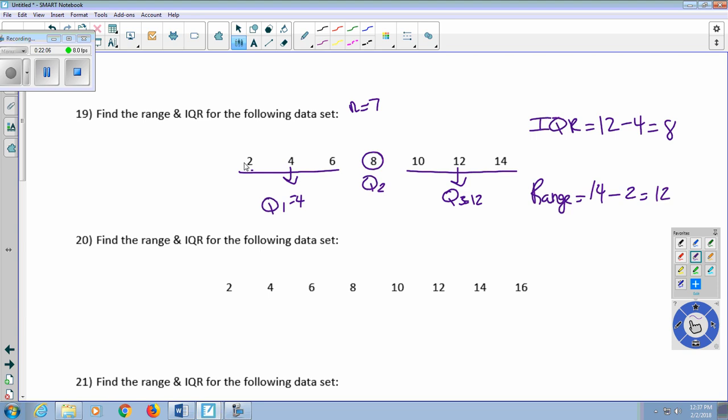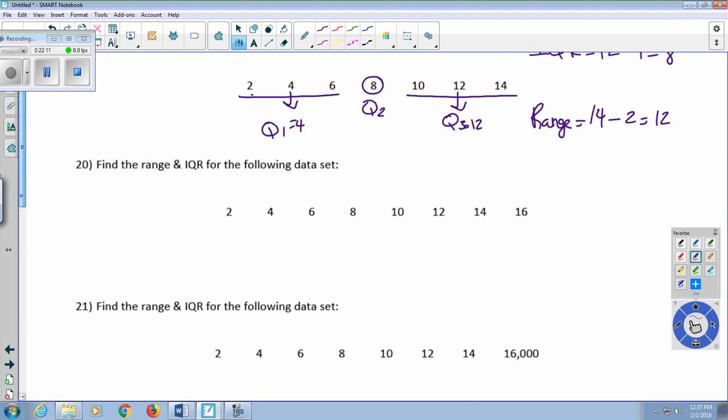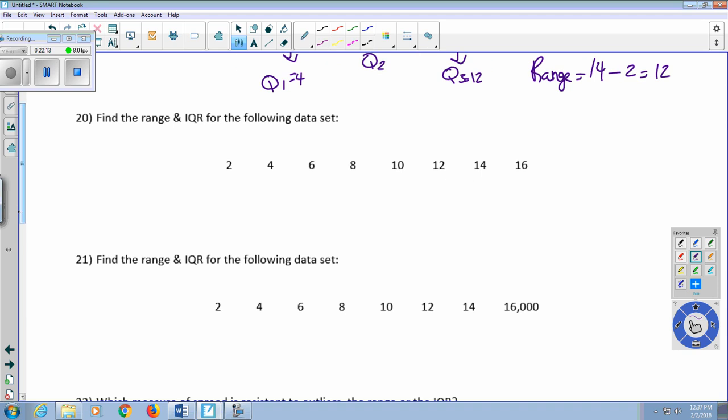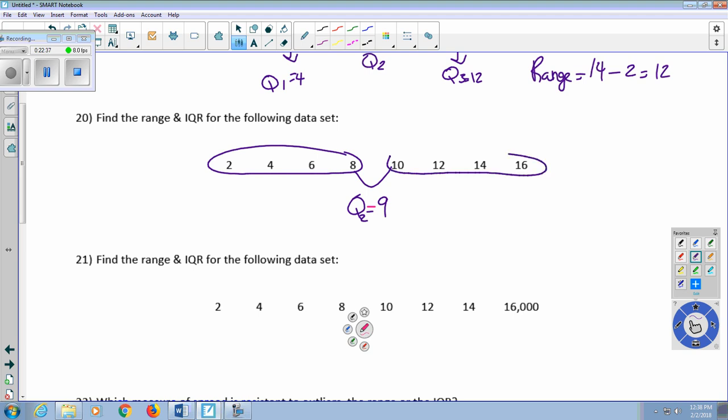Okay, let's do it again for one more data set. So this data set has 8 observations. So this will give us a little practice when we have an even number. So our median, which we found earlier, was Q2 equals 9, the average between 8 and 10. Since 8 and 10 aren't our medians, we are going to use both these values in the data set because the median's right between there, okay?